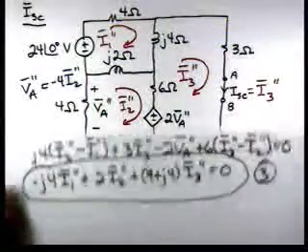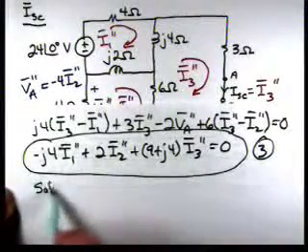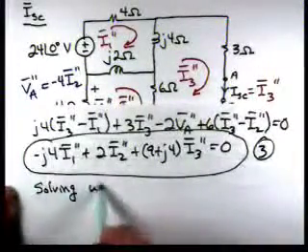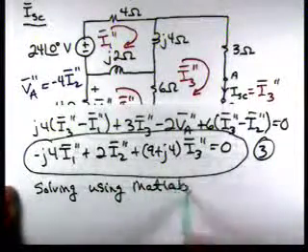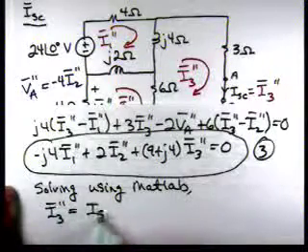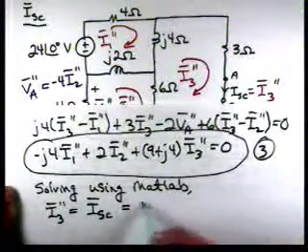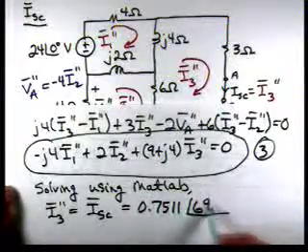So, solving using MATLAB, we get I3 double prime, which is equal to I short circuit, is 0.7511 at an angle of 69.86 degrees amps.